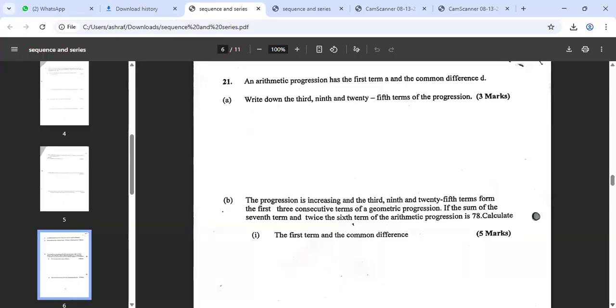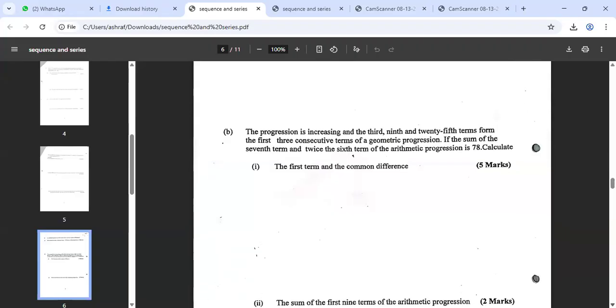So in the second part of the question, the progression is increasing, and the 3rd, 9th, and 25th terms form the first 3 consecutive terms of the GP. Then if the sum of the 7th term and twice the 6th of the AP is 78, calculate the first term and the common difference.